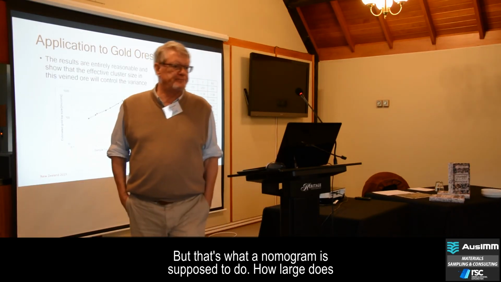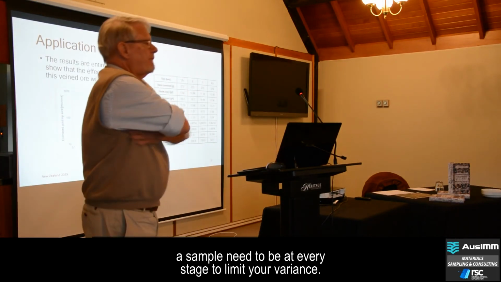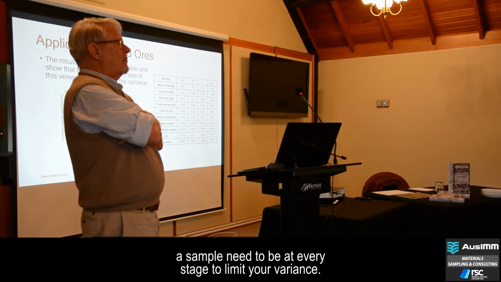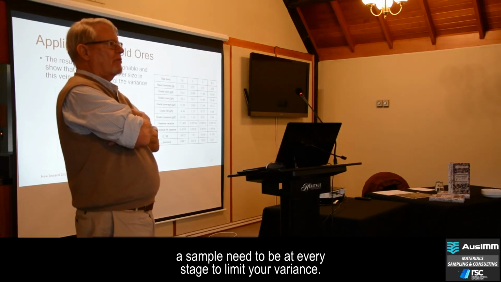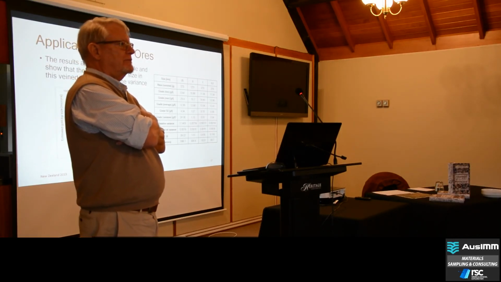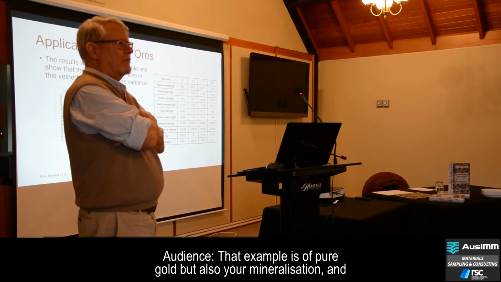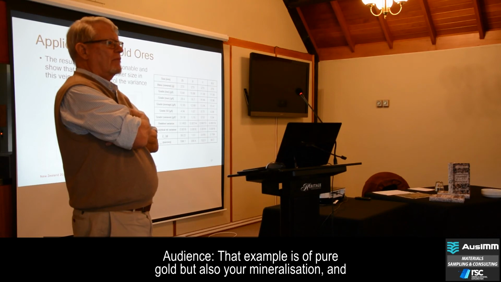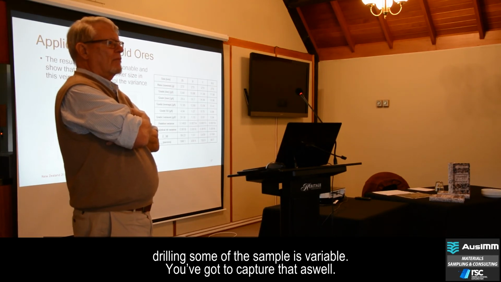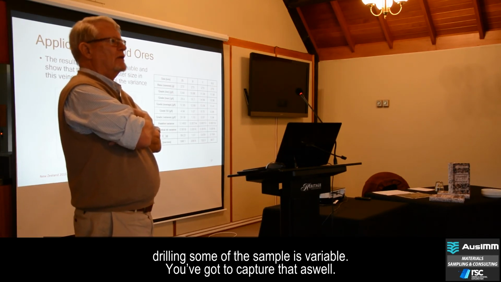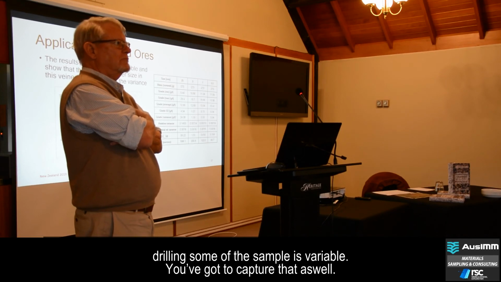But that's what this nomogram is supposed to do. How large does the sample need to be at every stage to limit the variance that you introduce? You know all this, obviously, but you can actually drill into one sample of pure gold, and you've got to capture that as well.